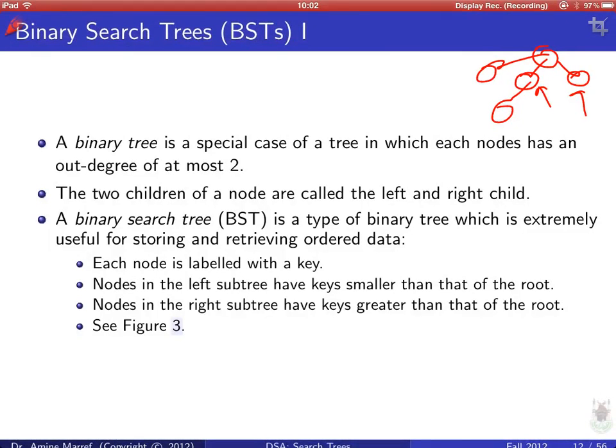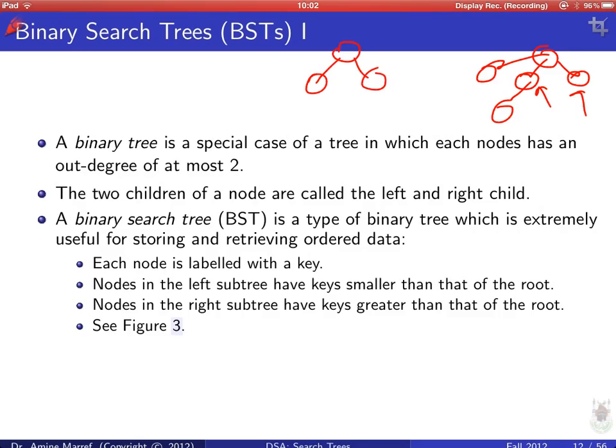So the element is something like key is 7, and there is some data as well here. But we are not going to represent the data in the tree. So when you see this node having 7 in it, it's actually the key 7 plus some data. So to avoid clutter, we are going to use the keys only.